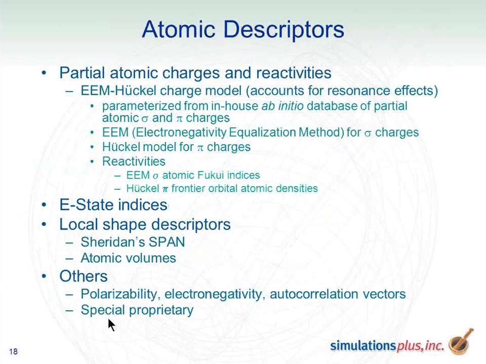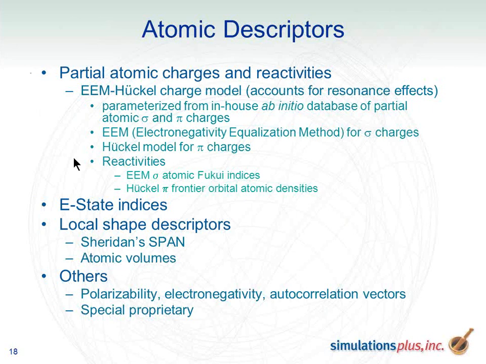One of the important things to create good models for these sites are atomic descriptors. We've coded up a lot of these descriptors. I think we have over 150 atomic descriptors, and these are separate from the over 300 molecular descriptors.